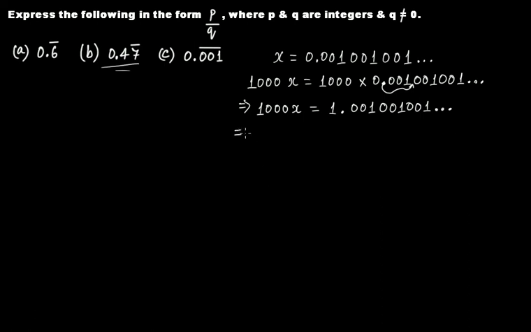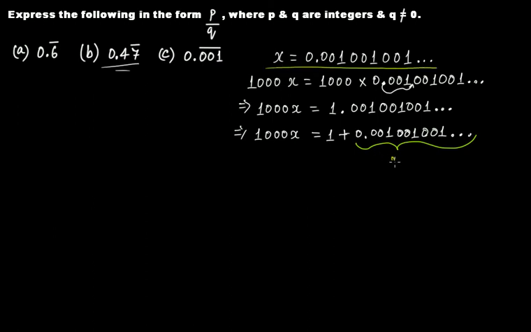Now this can be rewritten as 1000x is equal to 1 plus 0.001001001 and so on. Okay, now this is what? This is actually x, right? Can you see here? This is actually x.